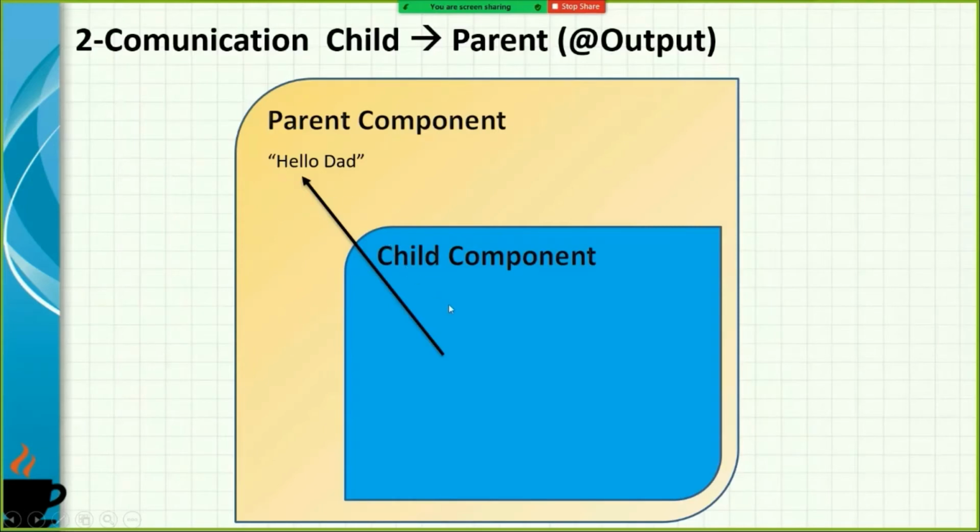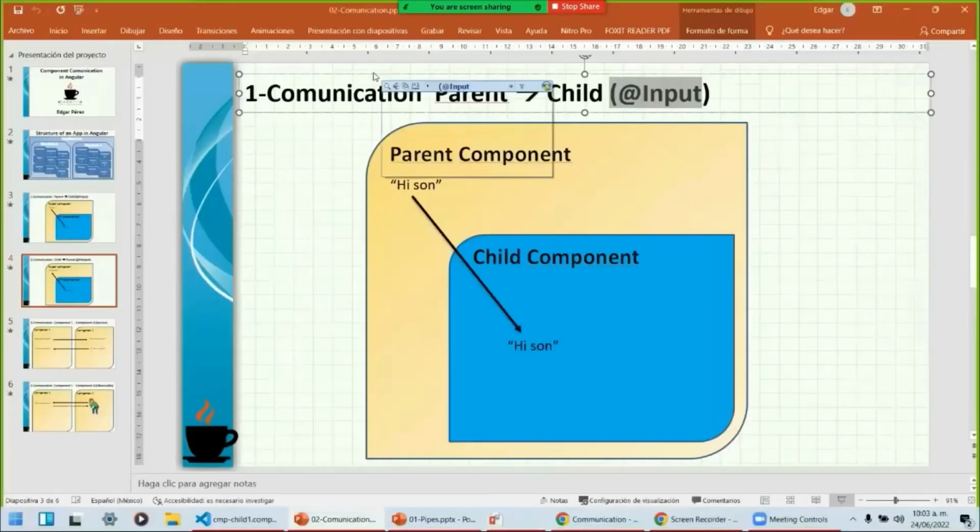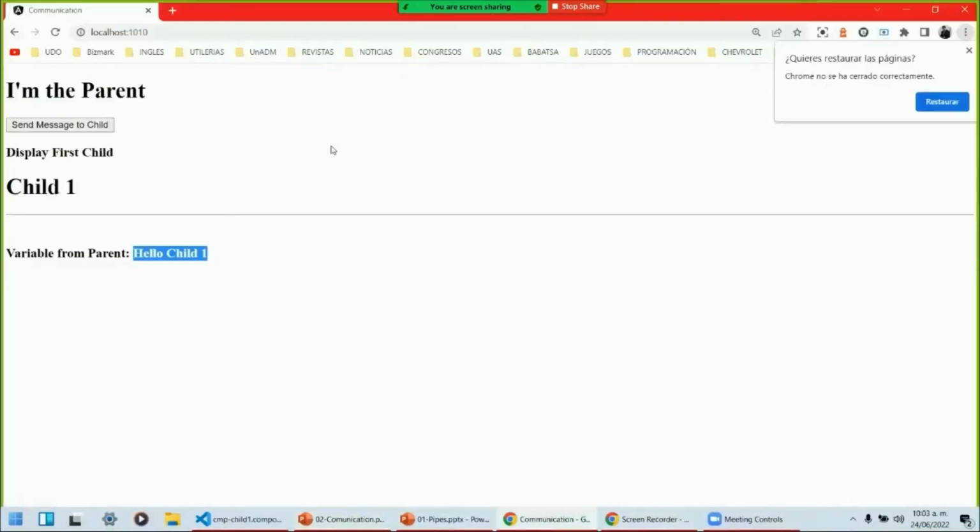This time, you need to declare an output variable and emit an event to the parent component. I will show how to do this in an example. So I will send information from child 1 to the parent.